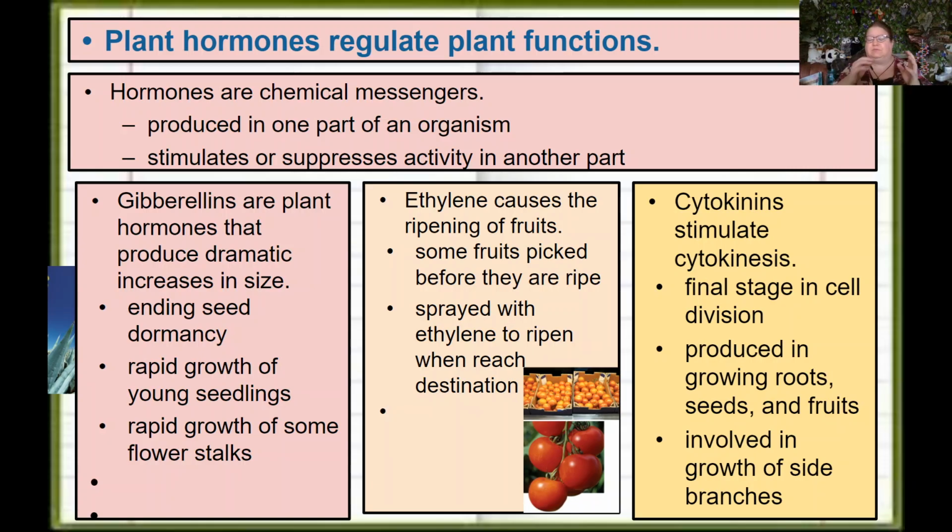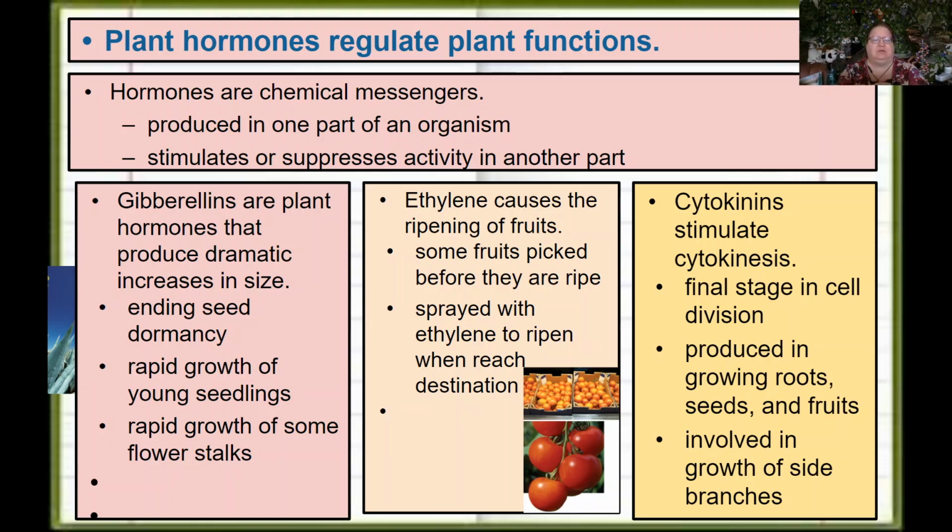The disease was commonly known as foolish seedling disease, because what the gibberellins would do is cause the plant to just grow out of control until they would just topple over and die. And so those were foolish seedlings.